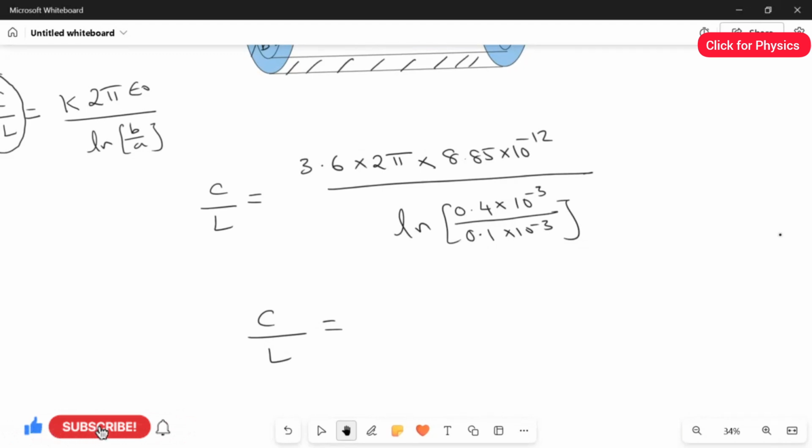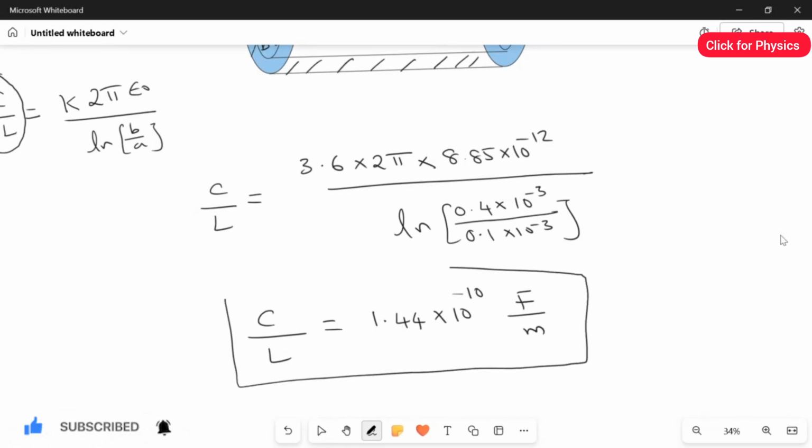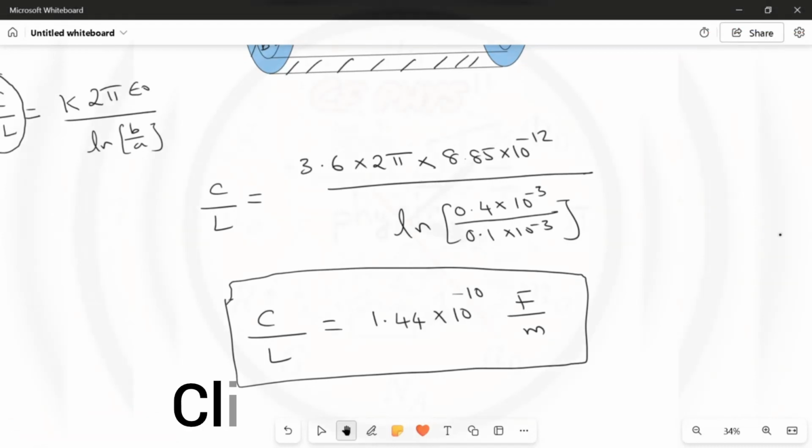The answer for this question is 1.44 times 10 power minus 10, but we have to write the unit. The unit for capacitance is farad and the unit for length is meter. So the answer is 1.44 times 10 power minus 10 farad per meter. That's it. Thank you.